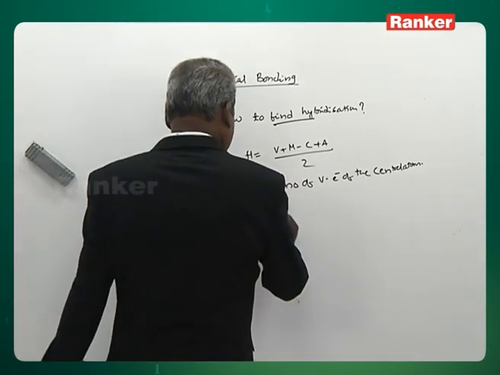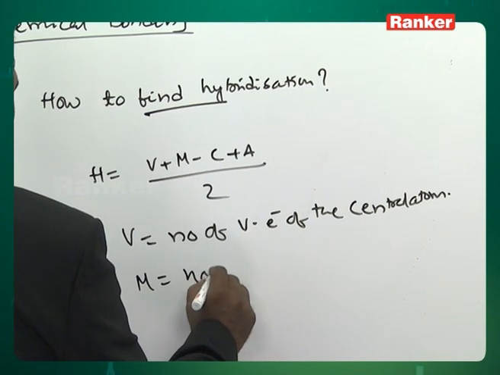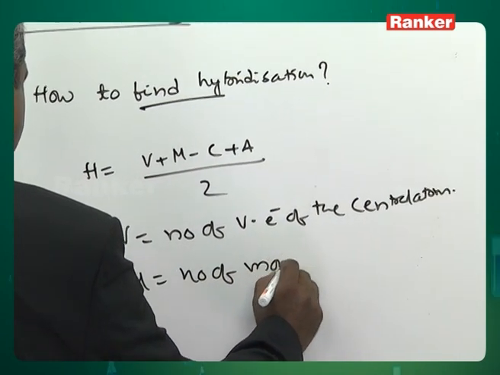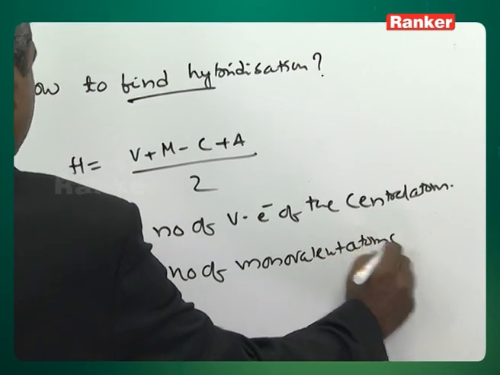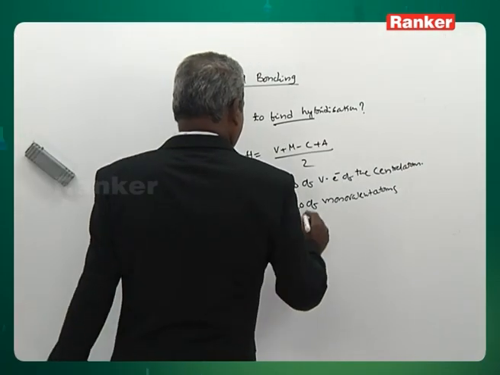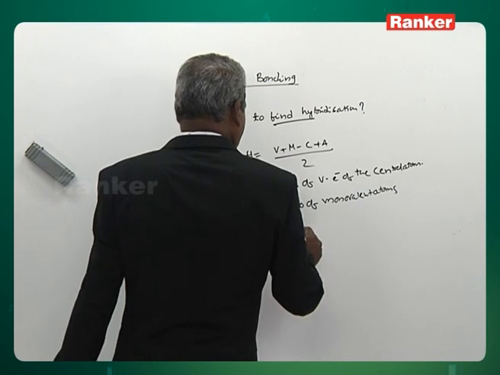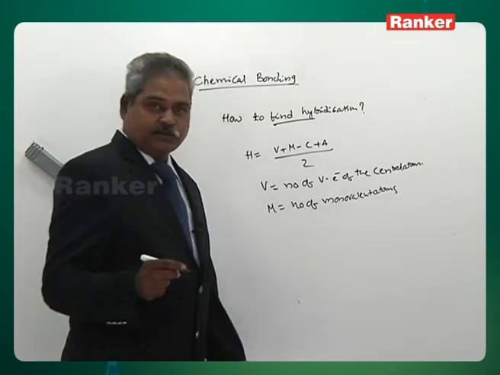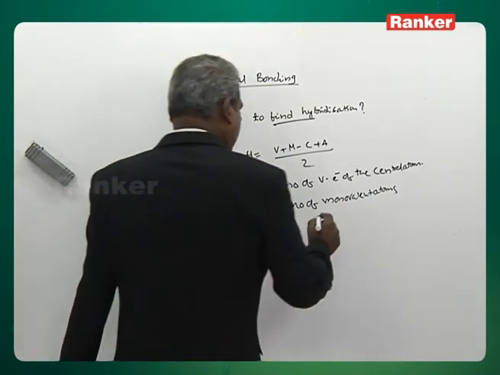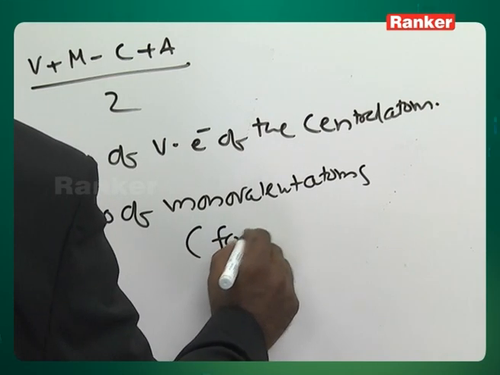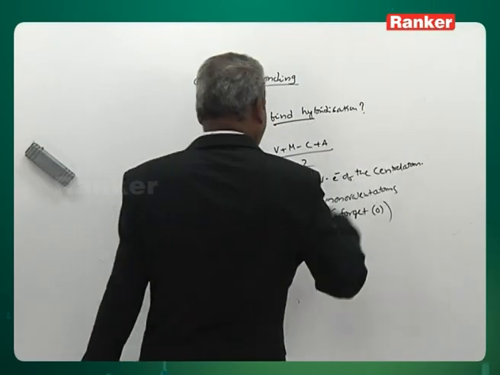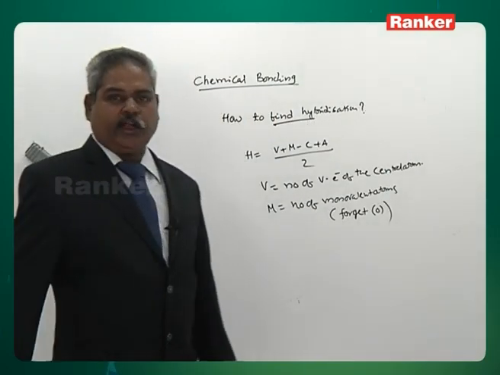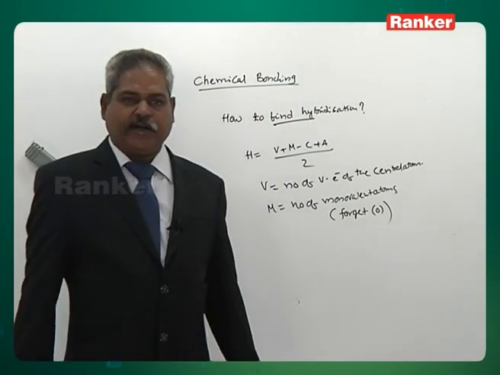M is the number of monovalent atoms, that is, you should not consider monovalent terminal atoms like oxygen. Forget oxygens. Ignore oxygens. In SO3, the 3 oxygens are not counted at all.